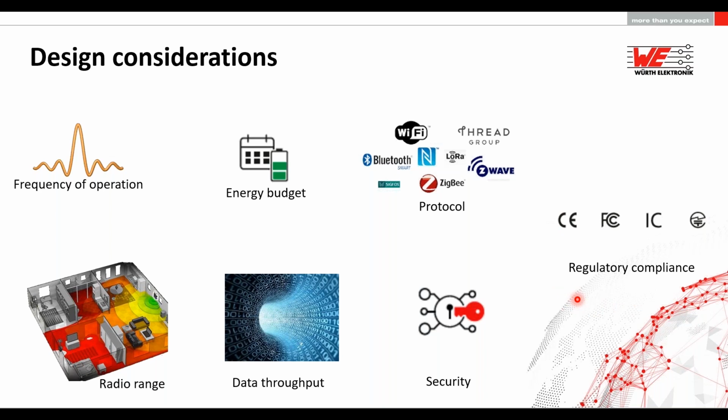Although we are operating in a license-free band, it doesn't mean that we don't need any regulations. There are regional regulatory norms that have to be satisfied by any device that is transmitting or receiving radio waves. For Europe, it is the Radio Equipment Directive; FCC and IC are for the North American continent, and so on. These things have to be kept in mind while designing a wireless connectivity solution, among other things.